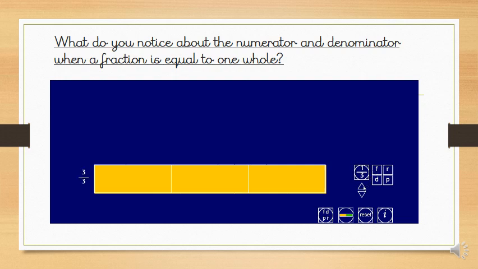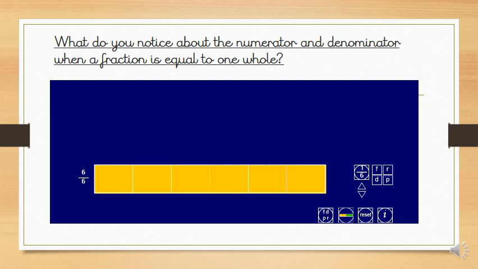So I've got a whole, and the whole is 3/3. It's now been split into 4 to show 4 is equal to one whole, 4/4. Now into 5. So you've got one whole or 5/5. When it's been split into 6 and you've shaded in all the parts, you've got one whole or 6/6.